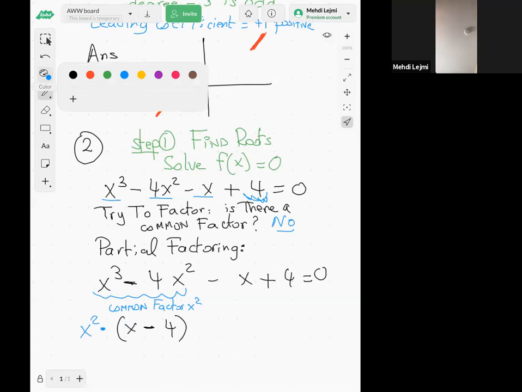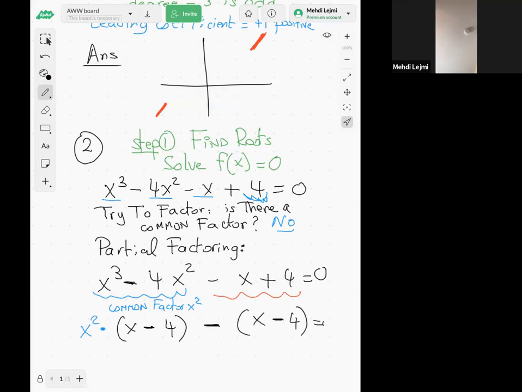Well, Leah, the thing is, if you use the other x, then you won't get a common factor later. You can use the minus x, but then you won't have a common factor later. So if you take these 2 terms here and pull out the minus sign, I'm going to have minus, and here I'm going to have x minus 4.